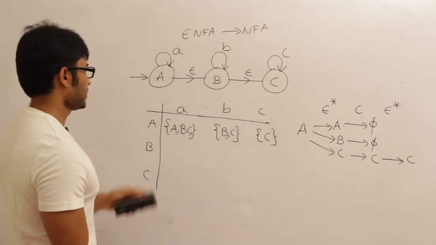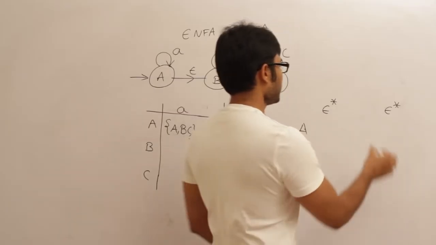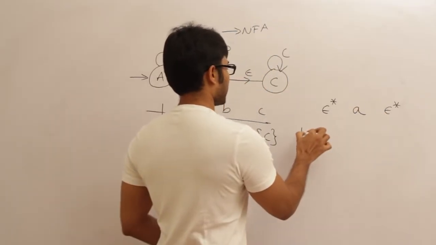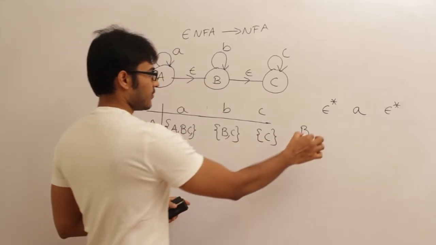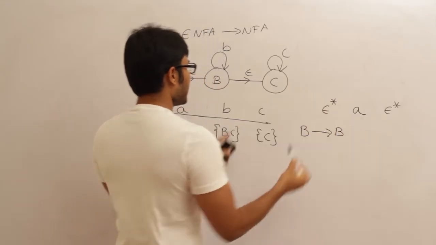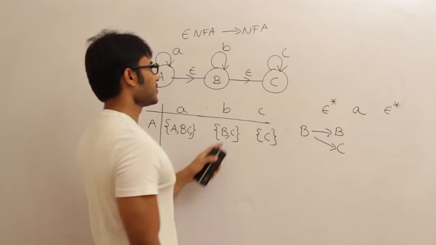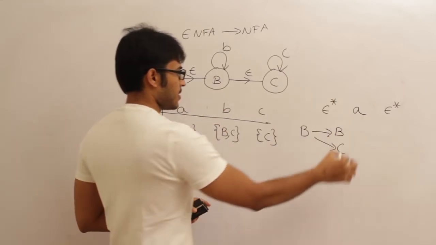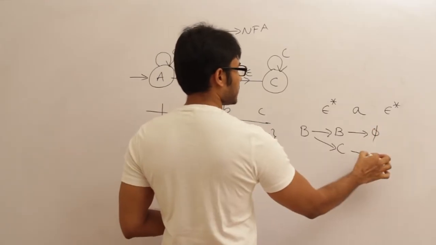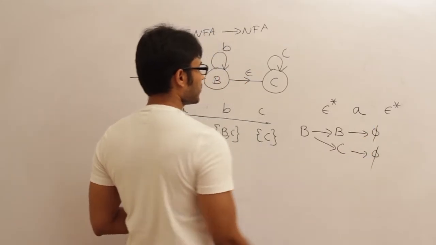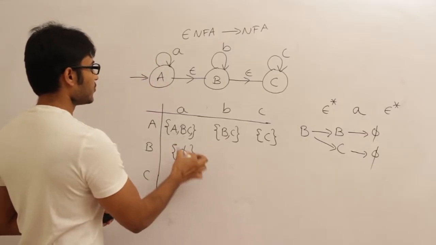Fine. And next thing is I have to discuss capital B. Capital B on small a. So what is the epsilon closure of capital B? Epsilon closure of capital B will contain B itself, and the other is it will contain even C. So B and C are the epsilon closure of capital B, and capital B on a is phi and capital C on a is phi. Therefore it is going to die there. So capital B on a doesn't have any moves.